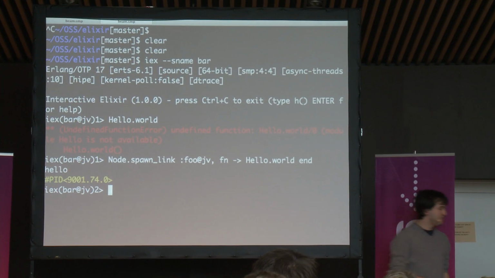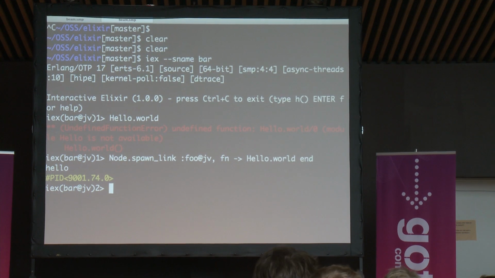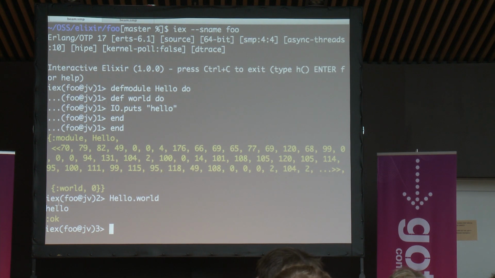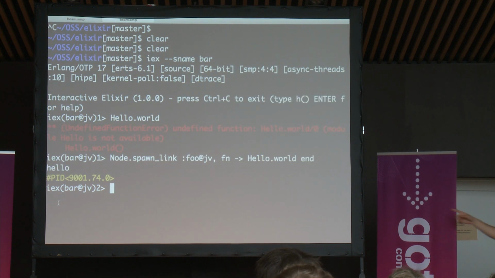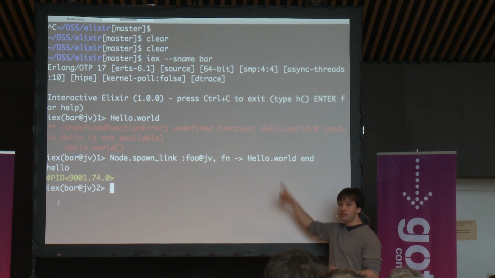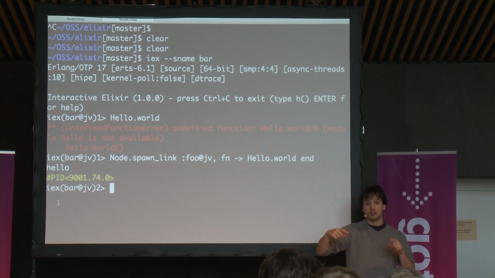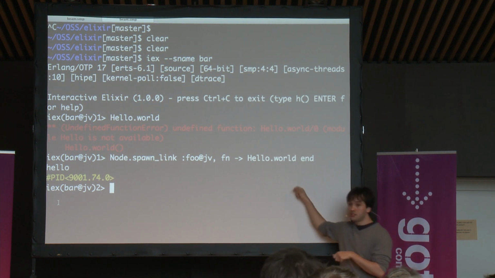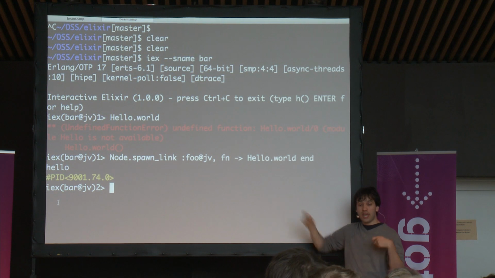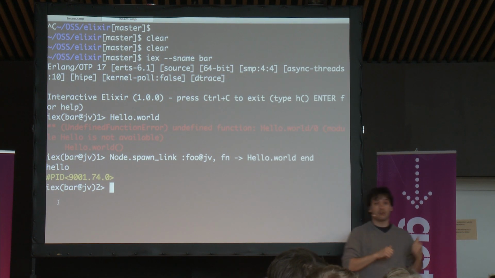There are two very interesting things here. The first one is that you can see that hello was not printed here again. It's not printed twice. Hello was printed here. So what happens is that we started to execute the code in the other node, but the other node knows that this node is the one that triggered the request. So if you want to do any I/O, it's going to send it back.